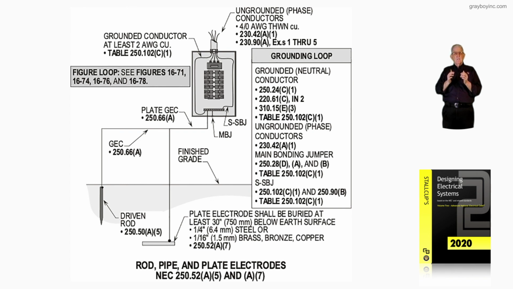So illustration 16-69 is just basically illustrating rod, pipe, and plate electrodes that are used in accordance with 250.52(A)(5) and (A)(7), but they're installed by 250.53.